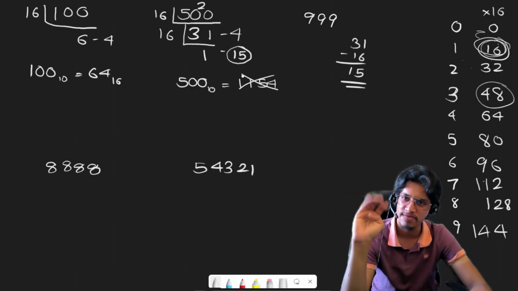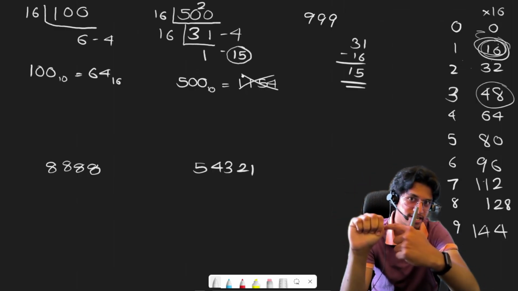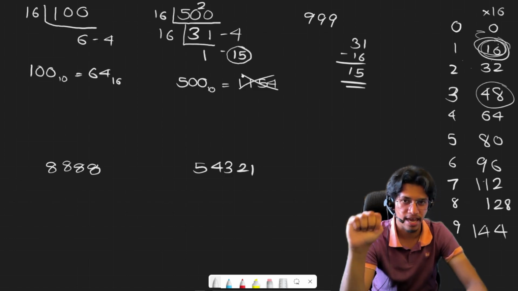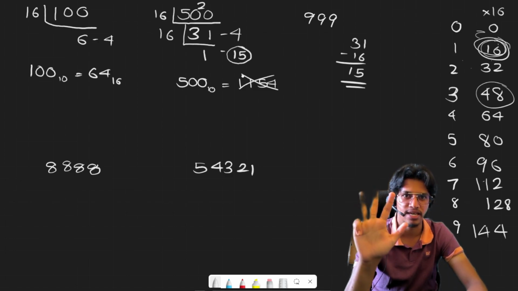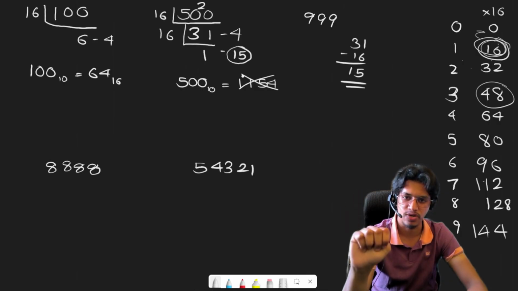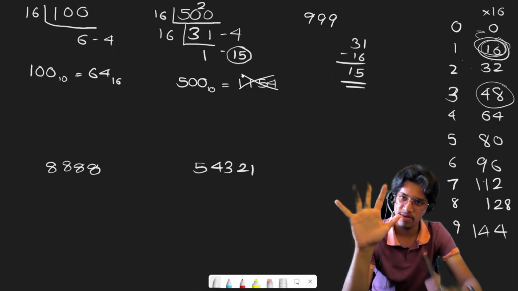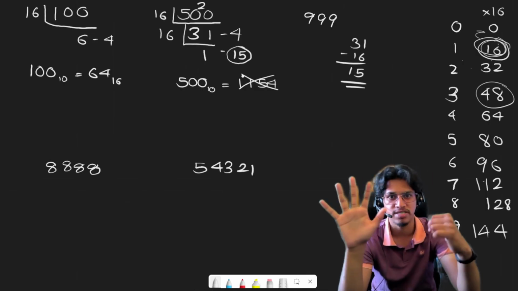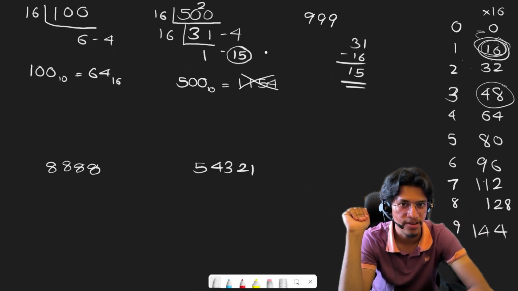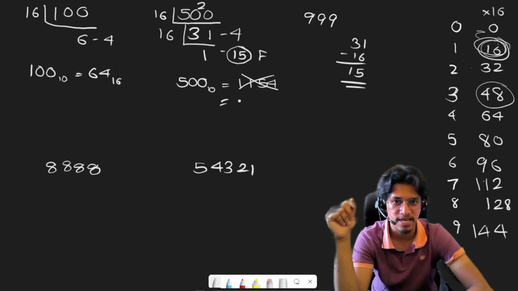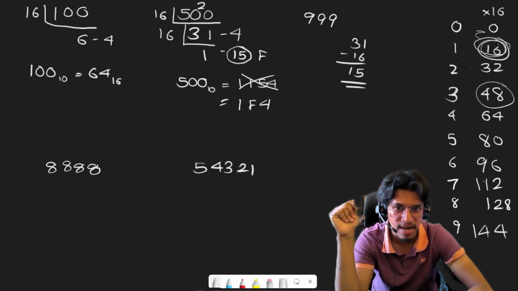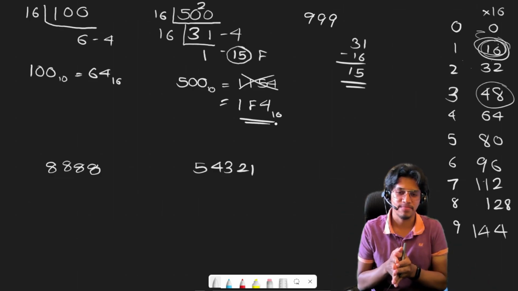So let's start. A is 10, right? 10, A, B, C, D, E, F. Since we are having 5 fingers up, we get F. So 15 is equal to F, right? So 500 denary is actually equal to 1F4 in hexadecimal. Is that clear? All right.